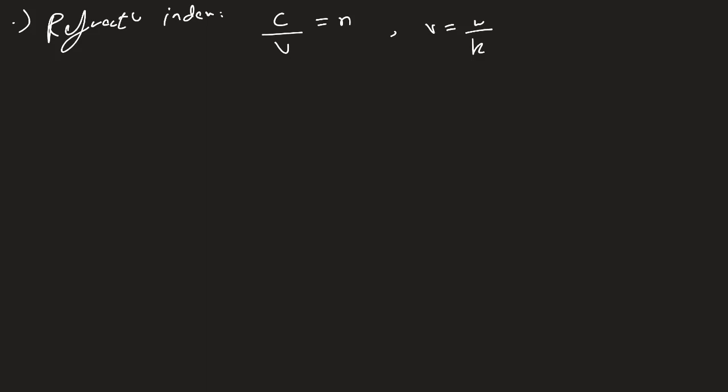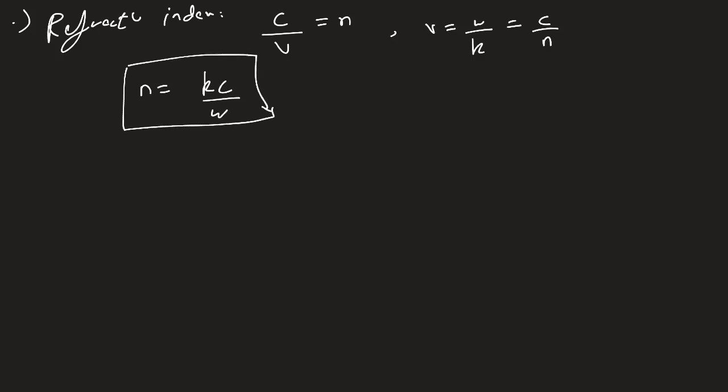So if we substitute, then this is equal to c over n, so we can show that n then is equal to kc over omega, ठीक है. So that's the refractive index inside a conductor. और ये जो k है, this k is the real part, ठीक है ना, which basically जो आपके exponent of iota times kz minus omega t वाले में आता है, ठीक है. This is the real part of the refractive index.